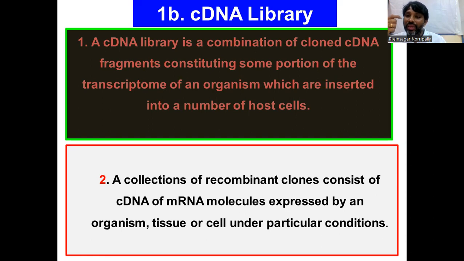So here I'm saying again that mRNA is isolated, converted into the cDNA and put into the vectors. The vectors are transformed and screened for the presence of cDNA in the vector system. So that collection of positive recombinant clones which consist of cDNA of mRNA molecules expressed by the tissue or cell under a particular condition is what is called a cDNA library.